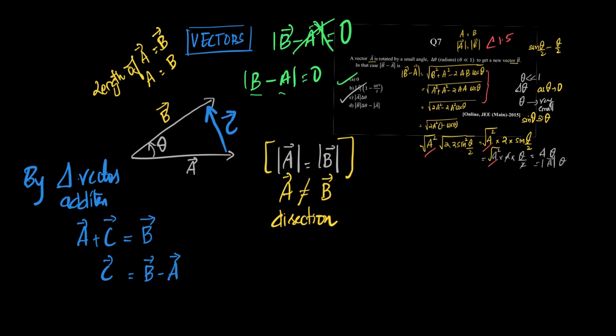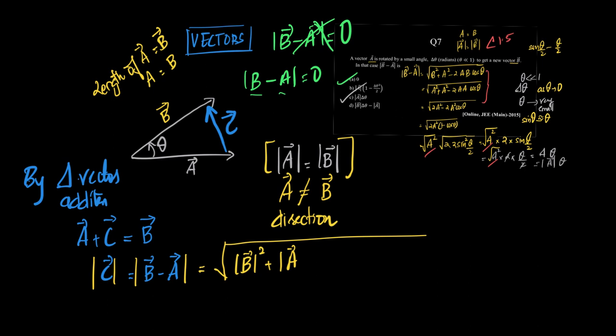And when you have this, we can take modulus on both sides. So what we get is modulus of vector B minus A. What is modulus of vector B minus A? It is equal to root of modulus of B square plus modulus of vector A square minus 2 times modulus of vector A into vector B times cos theta.